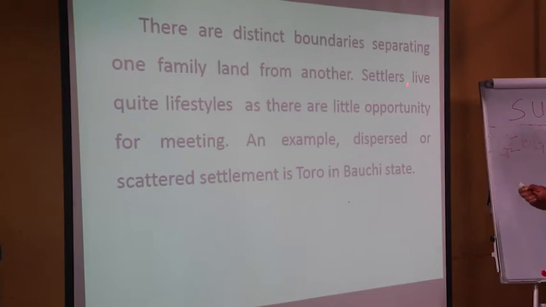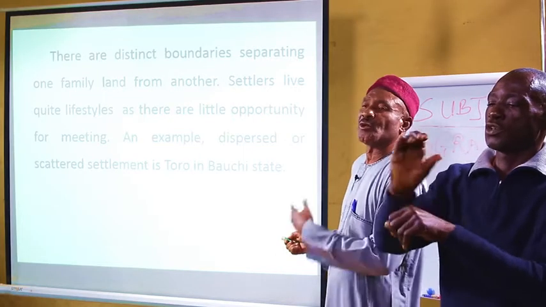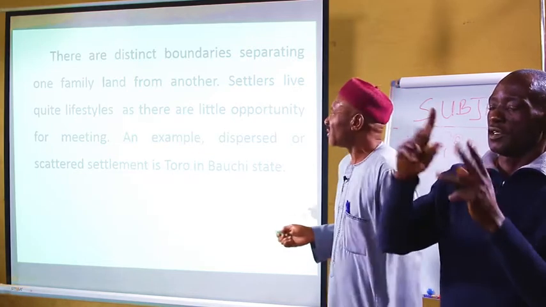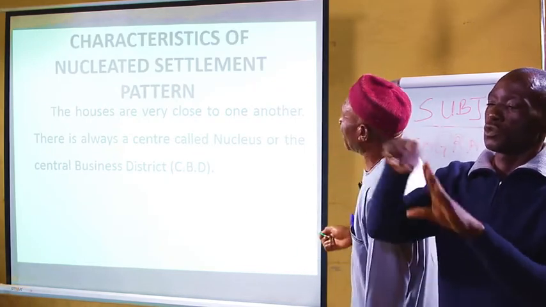The settlers live a quiet lifestyle. There is little or no opportunity for meeting because they are always separated. An example of this kind of dispersed or scattered settlement is very common in Toro in Bauchi State. These kinds of settlements are well pronounced there.